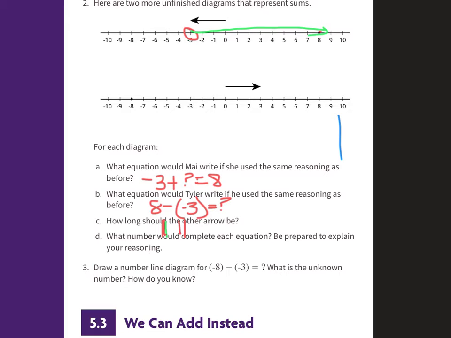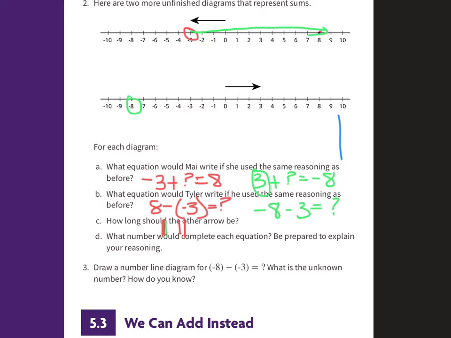All right. So let's look at the second one. So Mai starts with the number 3. She uses an addition equation, and now we're getting to negative 8. So 3 plus some number equals negative 8. Tyler starts with the answer, negative 8, minus the number we have, 3, equals some number.